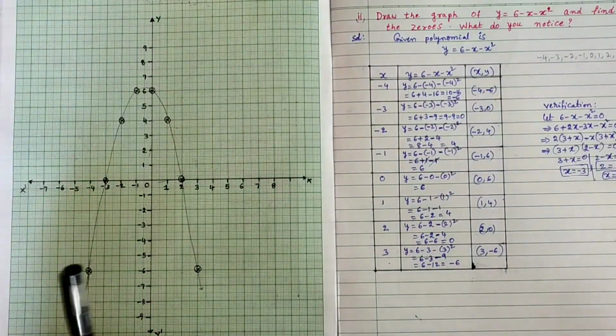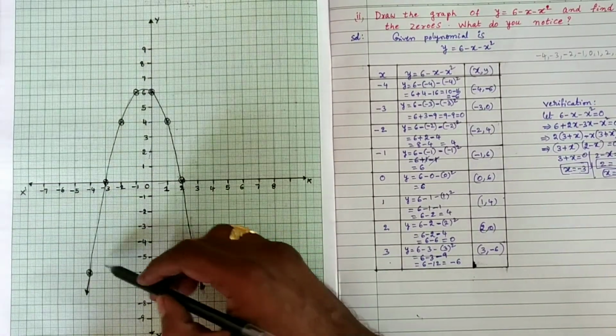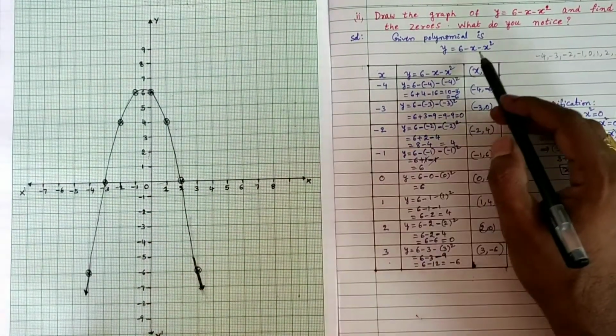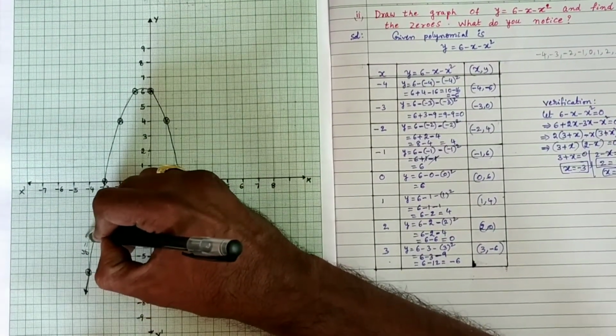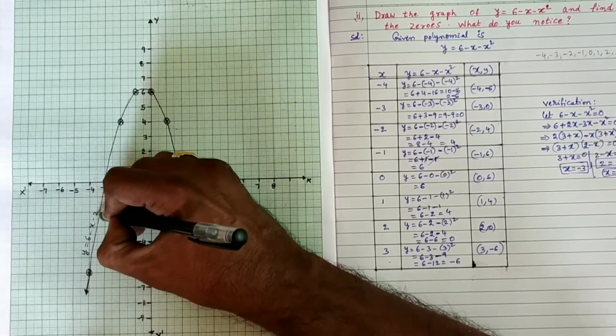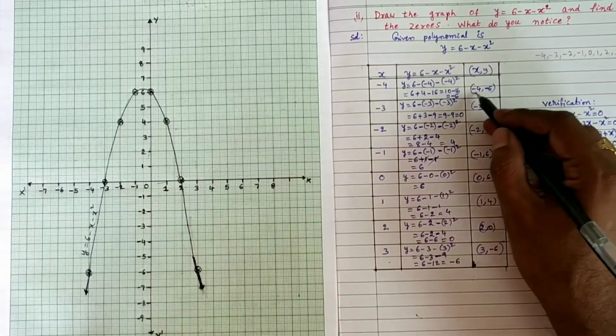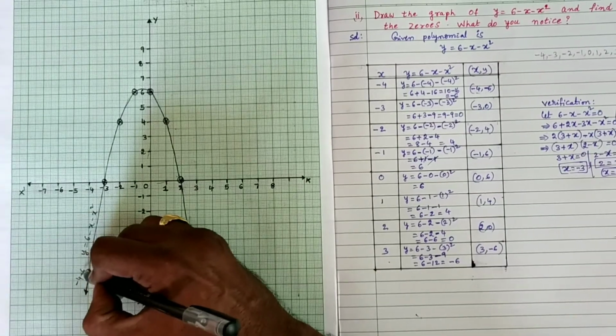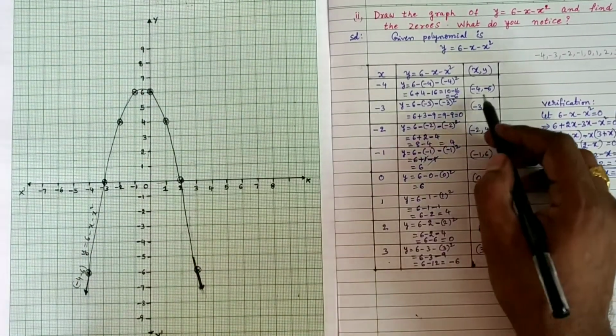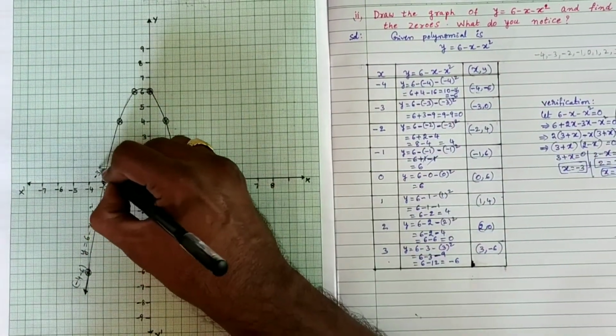The shape is called a parabola, and this is the graph of the polynomial y is equals to 6 minus x square, and plot the points. Mention the points. The first point is minus 4 comma minus 6, and the second point is minus 3 comma 0.